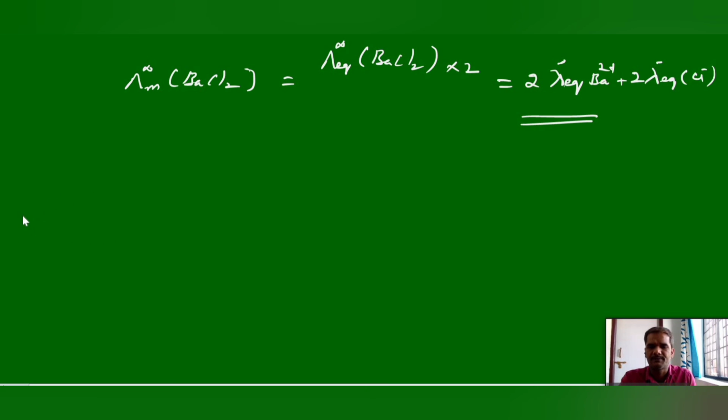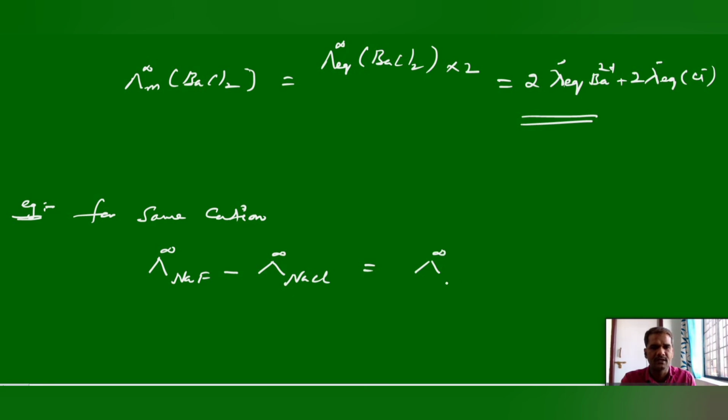With respect to that, let us take one example. For the same cation, we can write the molar conductance of sodium fluoride at infinite dilution minus sodium chloride at infinite dilution will be equal to potassium fluoride at infinite dilution minus potassium chloride at infinite dilution. In both cases the cation is the same.